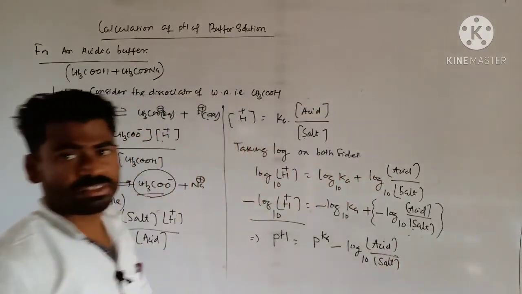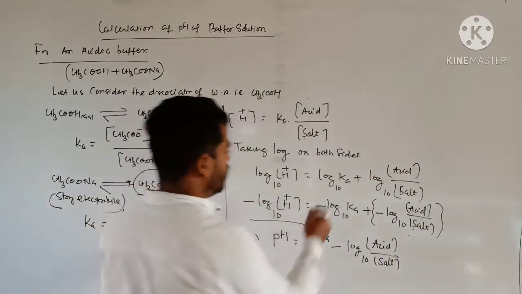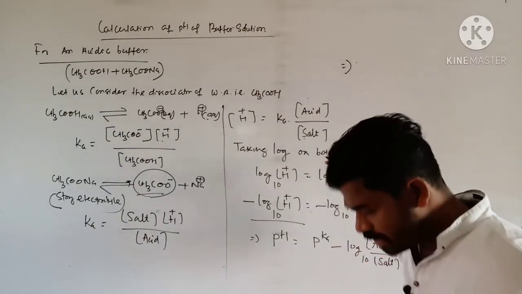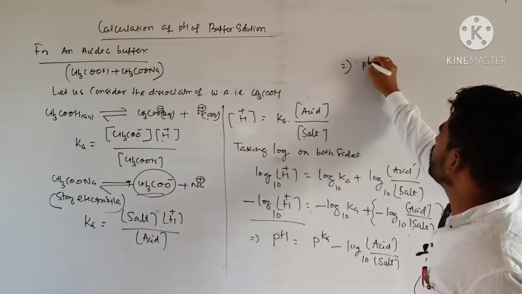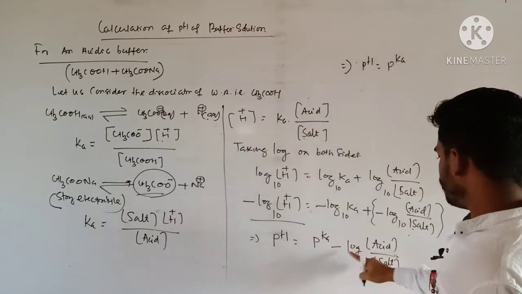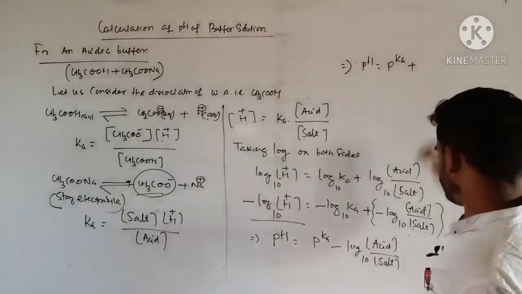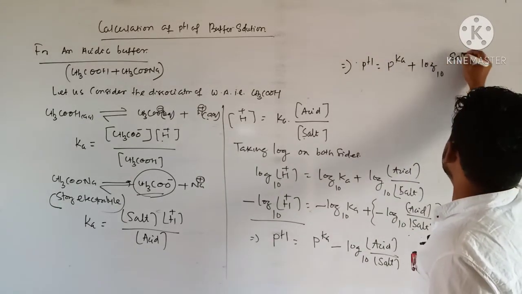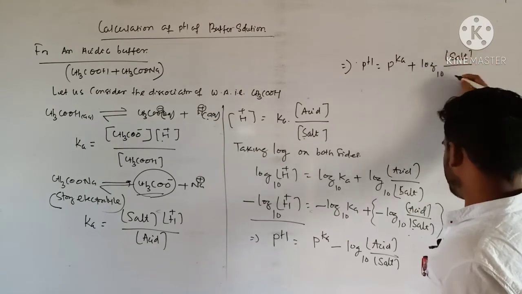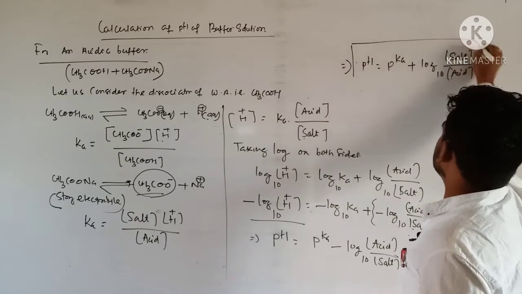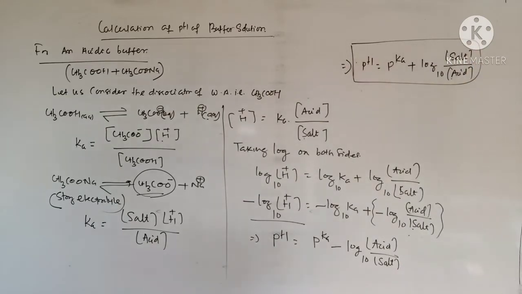So the final expression can be written as pH is equal to pKa plus log base 10 concentration of salt upon concentration of acid. So this equation is called the Henderson equation.